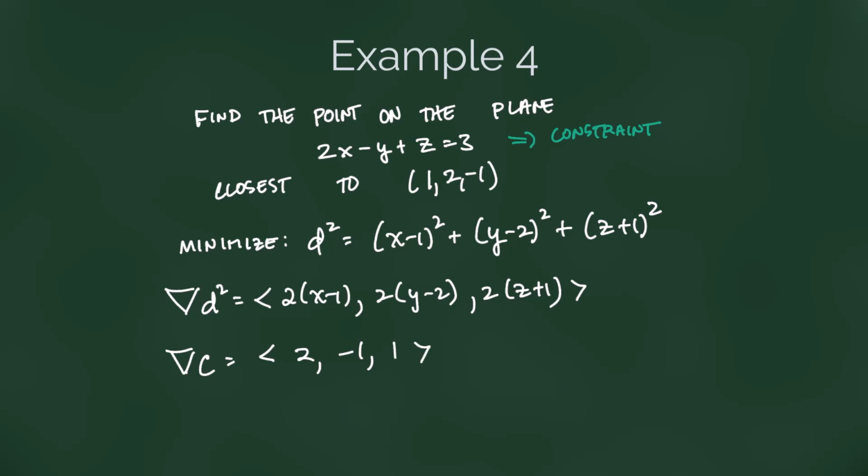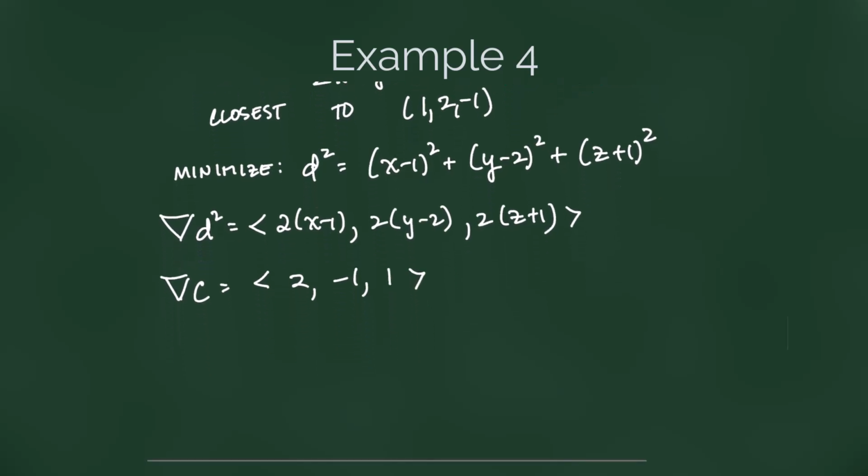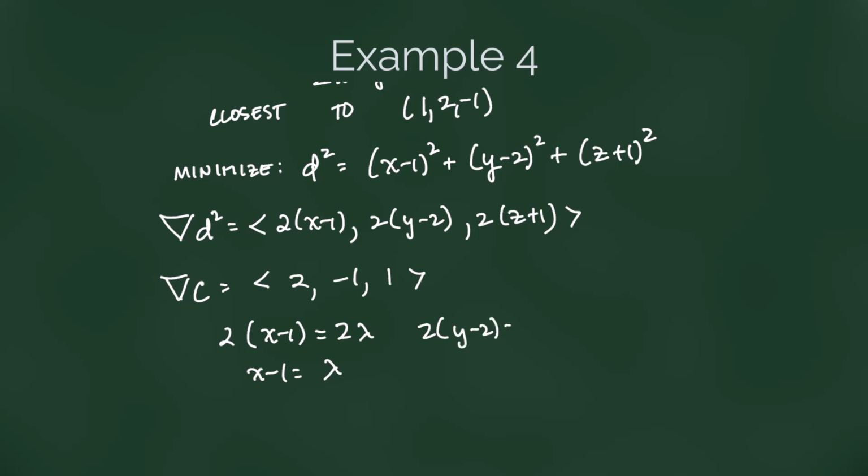All right, so we get that 2 times x minus 1 is equal to 2 lambda, or in other words, x minus 1 is equal to lambda if we divide by 2. And then we get that 2 times y minus 2 is equal to negative lambda. And then we also get that 2 times z plus 1 is equal to lambda.